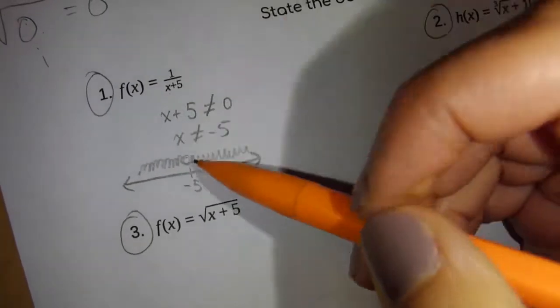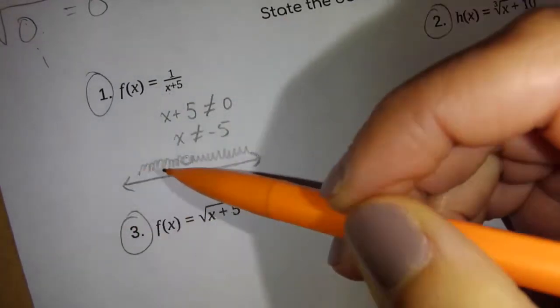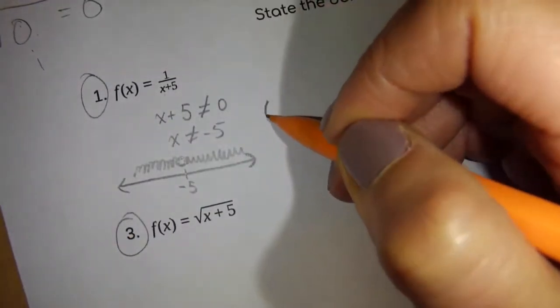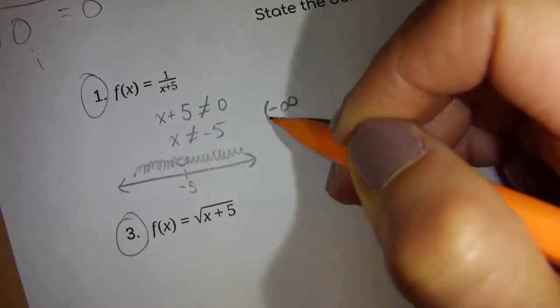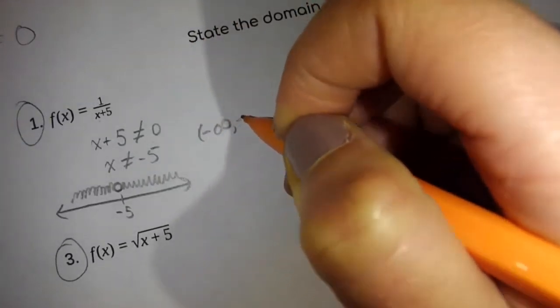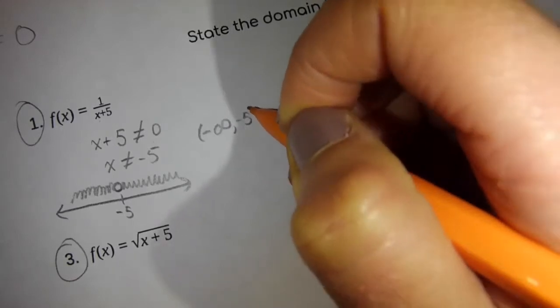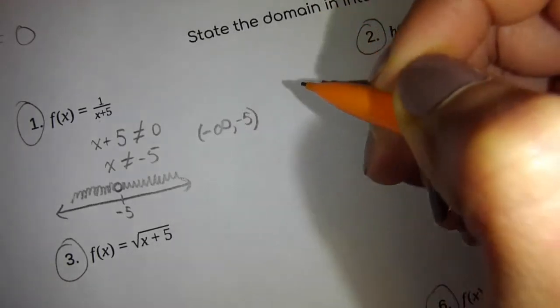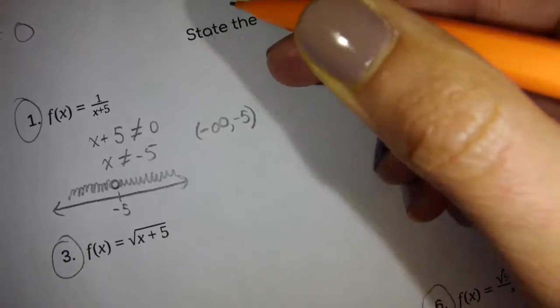So our interval notation would be continuously anything down to negative infinity. So negative infinity, we would have a parenthesis with our infinities, up to negative 5, but not including. Since it's not including negative 5, we have parentheses.